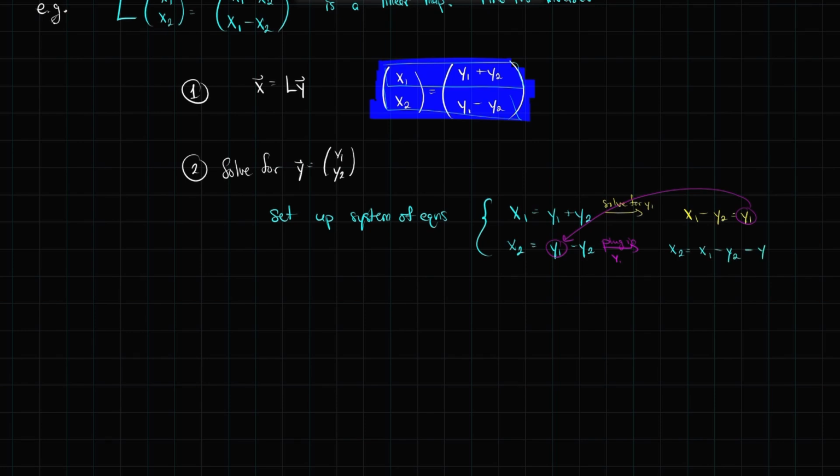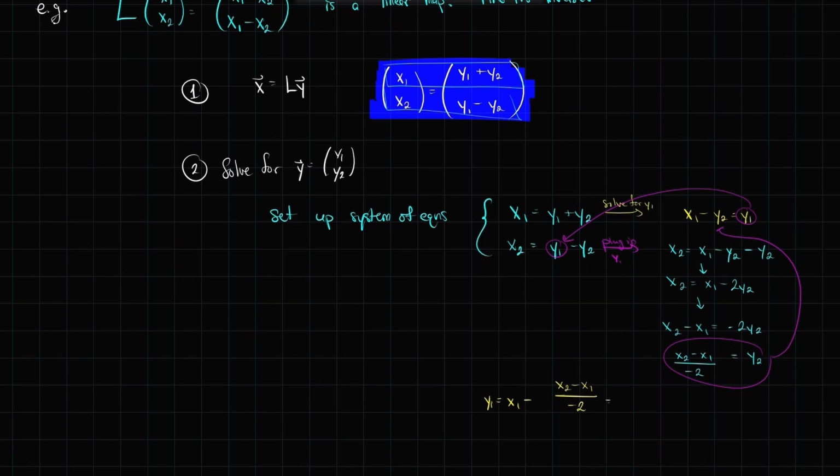That was me plugging in y1 minus y2. Or in other words, x2 equals x1 minus 2y2. Or in other words, x2 minus x1 is negative 2y2. And dividing by negative 2, I recover that y2 is x2 minus x1 divided by negative 2. Now that I know y2, I go up to my expression for y1, and I see that y1 is equal to x1 minus (x2 minus x1) divided by negative 2.